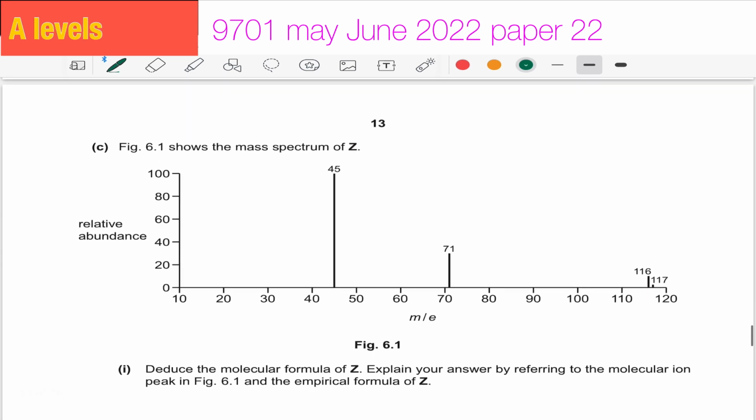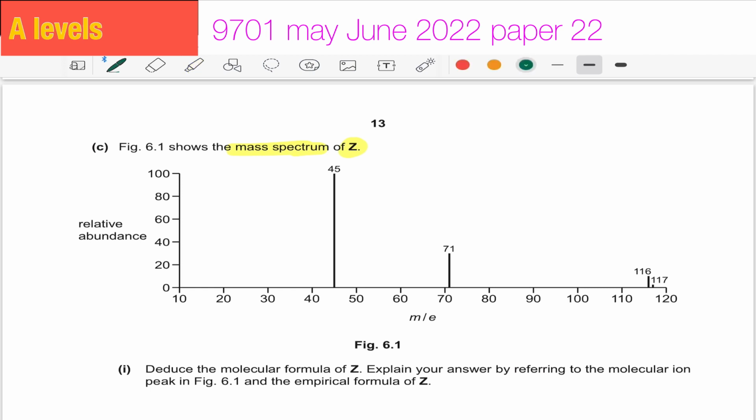All right, in the next part, they have given us the mass spectrum of Z. Now, you all know this topic, mass spectroscopy of organic compounds.